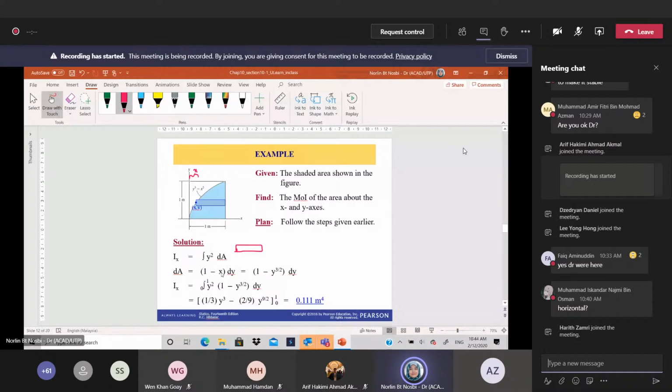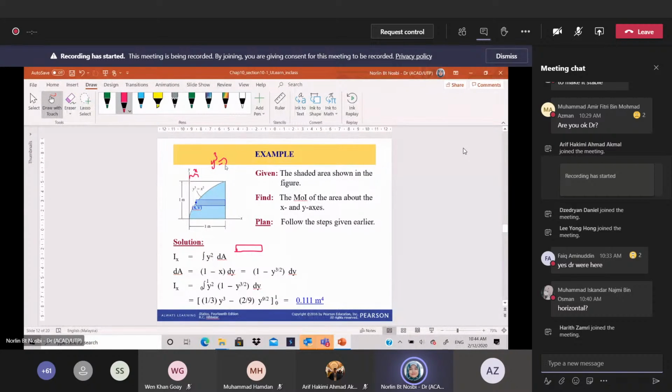And then for x, you have to express it in terms of y, from this y value here: y to the power of 3 equals x squared.